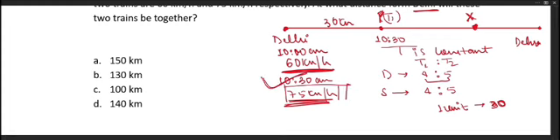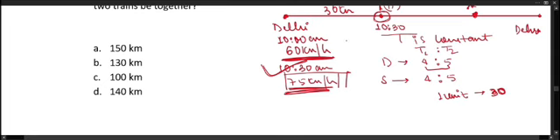At 10:30 the second train is still in Delhi, and hence the distance traveled by the second train will be the distance between Delhi and the meeting point.